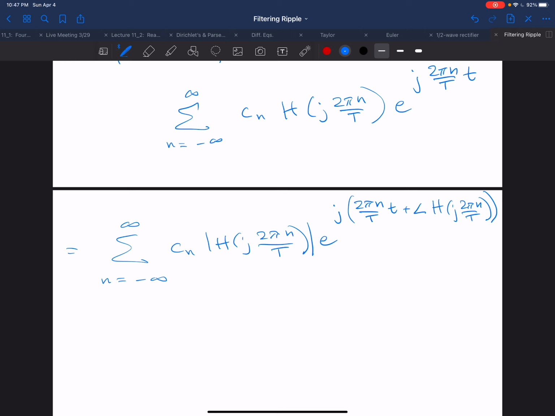So if you like, we can easily find a series that represents the output of the filter.